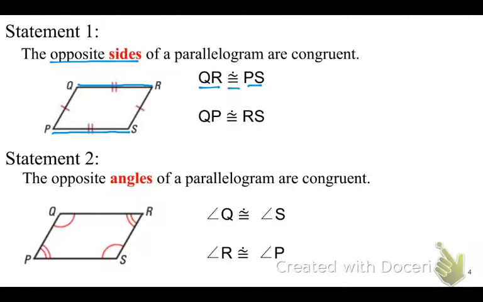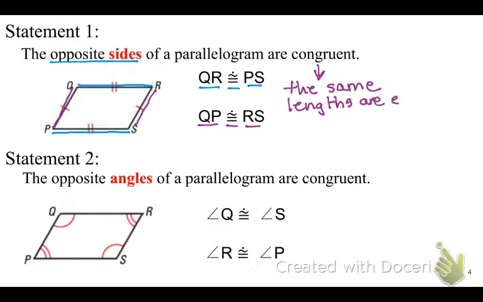Okay, I'll change colors. And QP is congruent to RS. And remember, congruent means the same. So their lengths are equal.